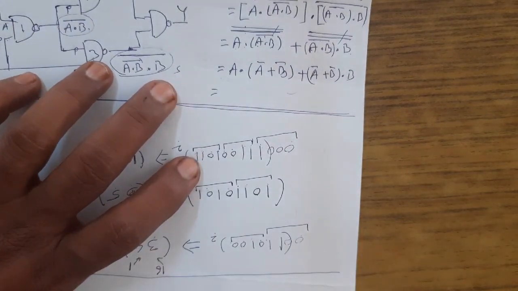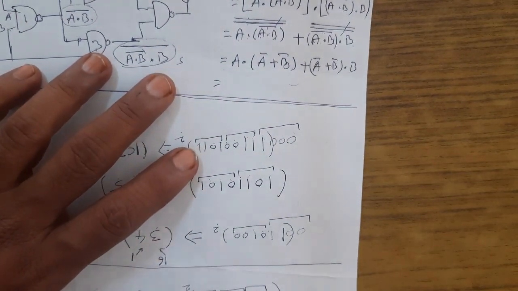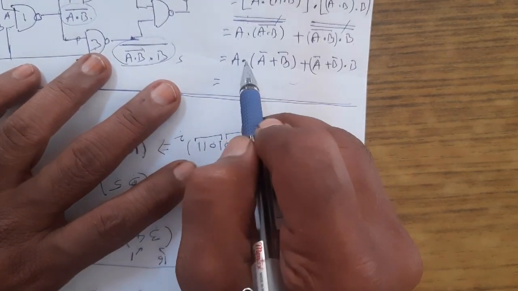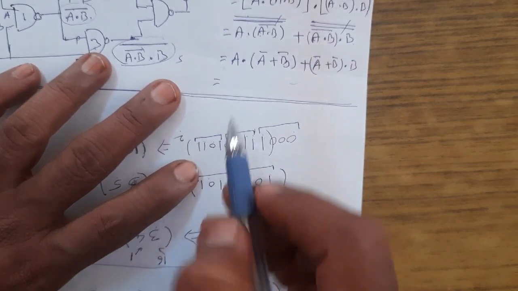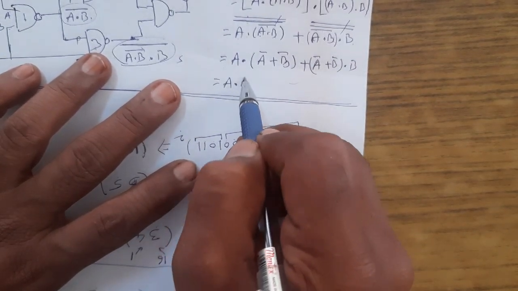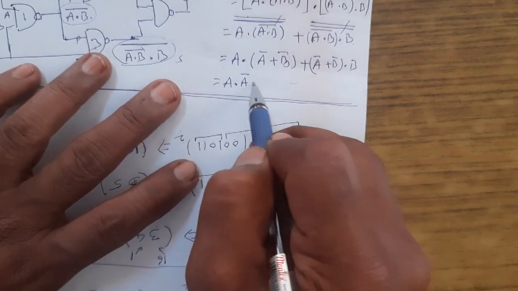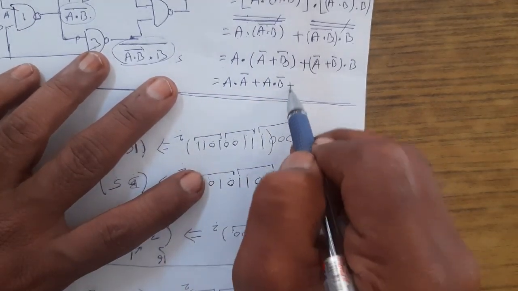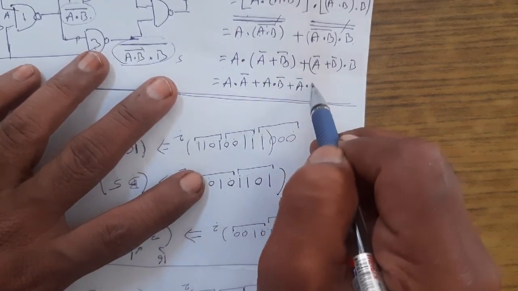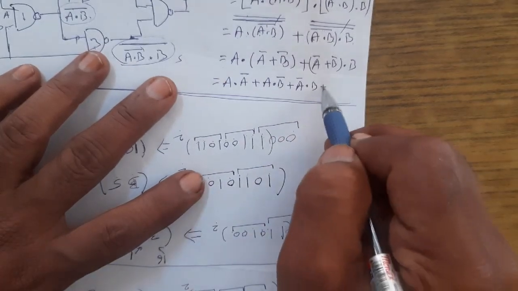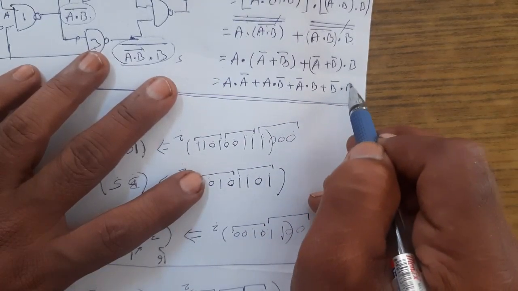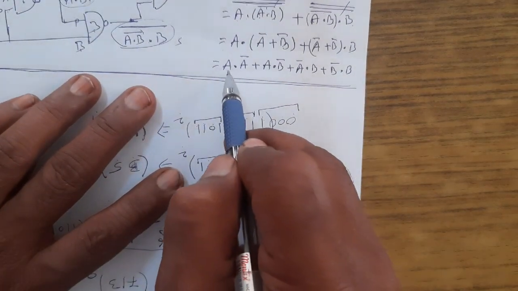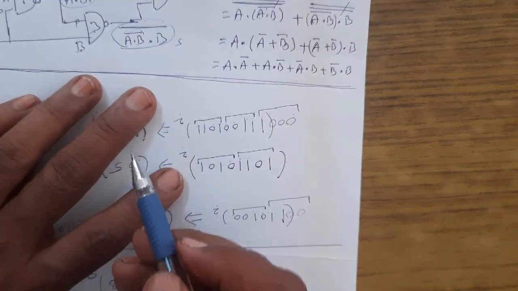It is very interesting. Now I will take a dot product with everyone as if it is dot, therefore AND operation with everyone. Therefore it is A and A bar plus A and B bar plus A bar and B plus B bar and B. Now let me know what about A and A bar.